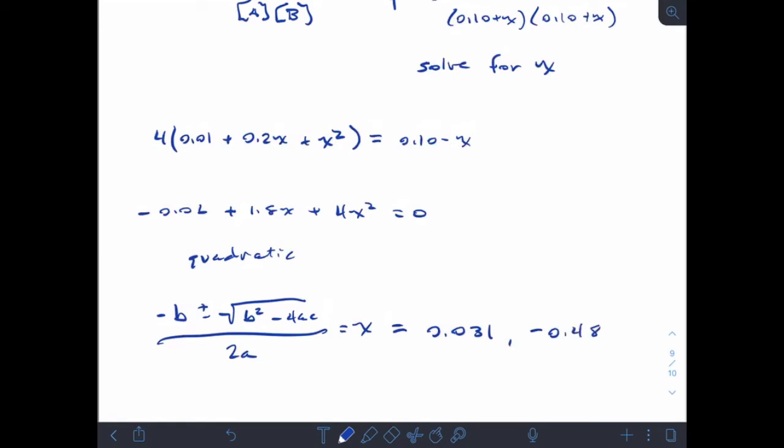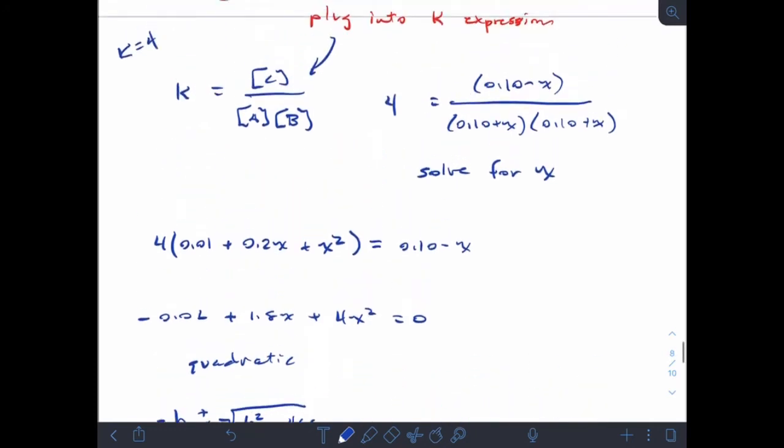Okay, we're going to find that the 0.031 is the correct value because what we're going to do now is plug x into our equilibrium line and actually get concentrations. Okay, so if I were to use the negative 0.48, I would end up with negative concentrations, right?